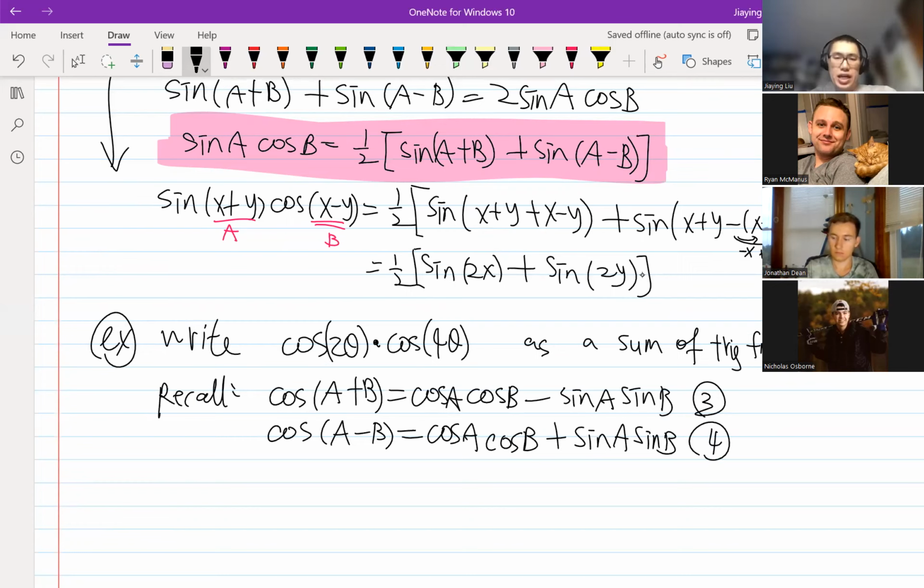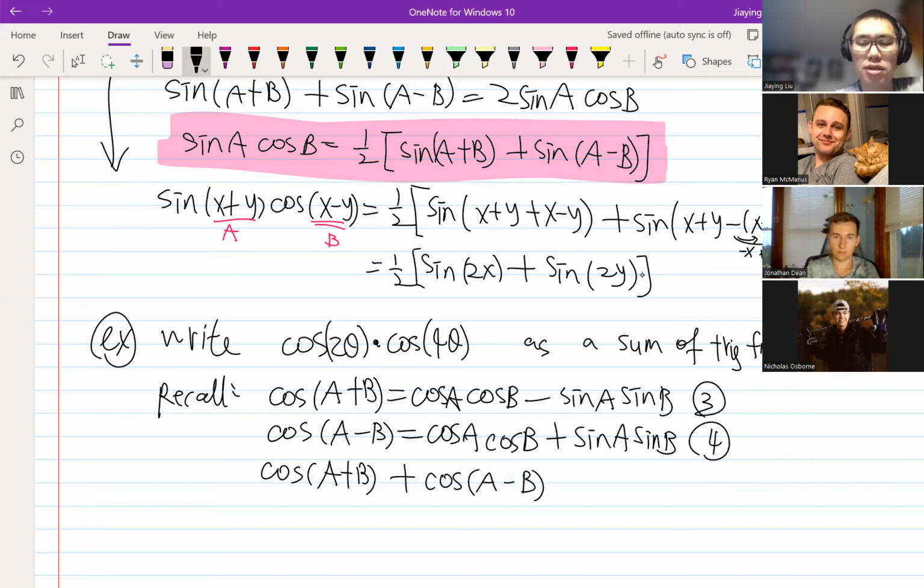So if I want to get a cosine times cosine out of here, I should add them again, just like before. That way the two products with sine A sine B will cancel. So equation 3 plus equation 4 gives me cosine A plus B plus cosine A minus B. And on the right side, I'm going to get 2 cosine A cosine B. And remember that those two cancel because one is positive, one is negative.